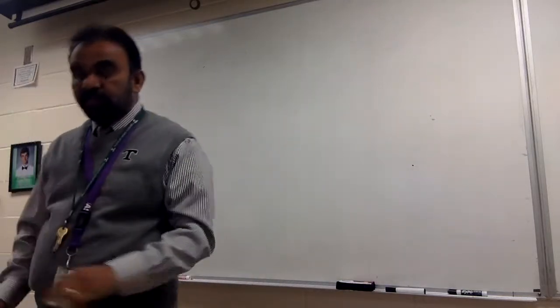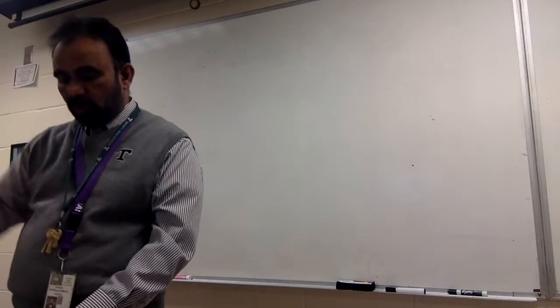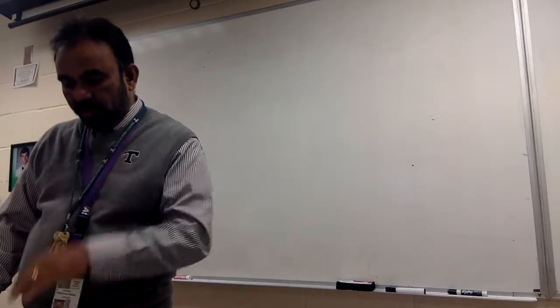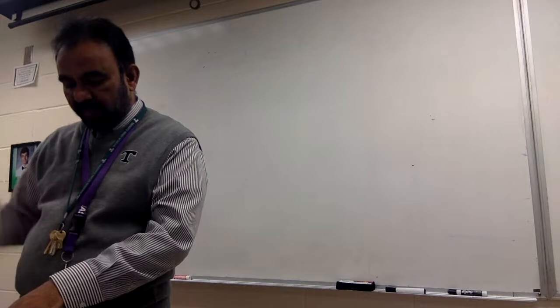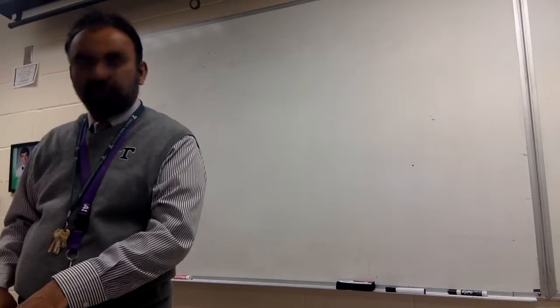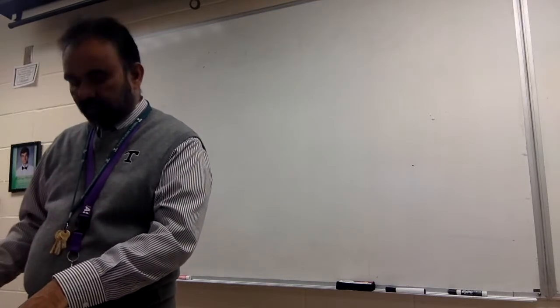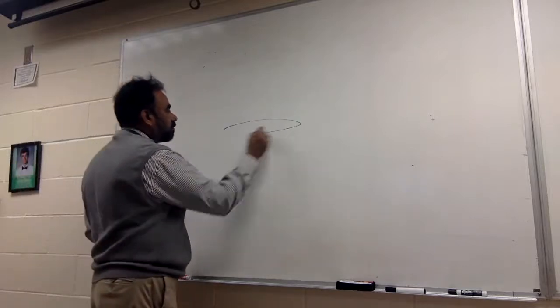I'm reading out the problem and then just try and picturize the whole thing. A coin is placed 11 centimeters from the axis of a rotating turntable. You know what a turntable is?